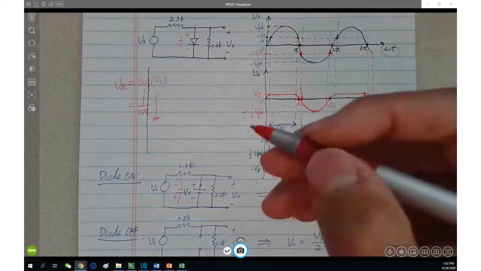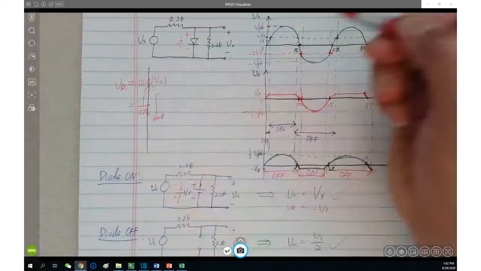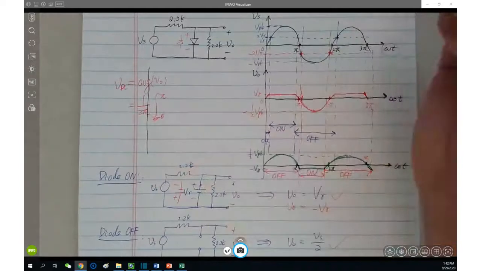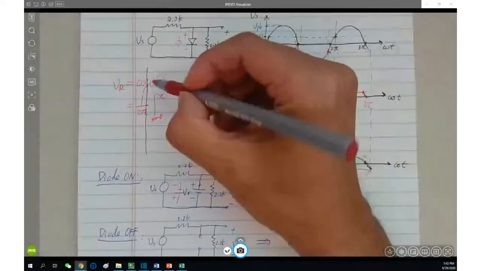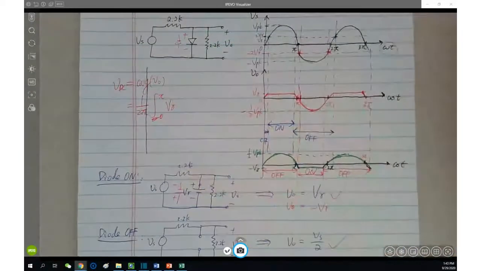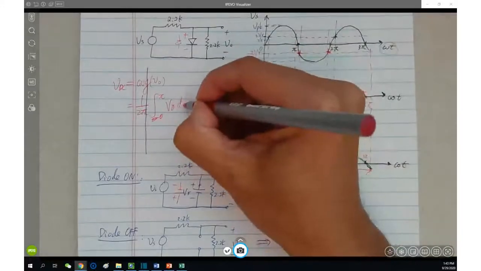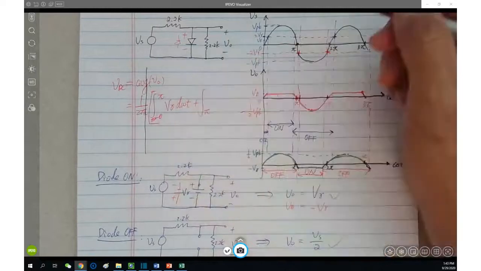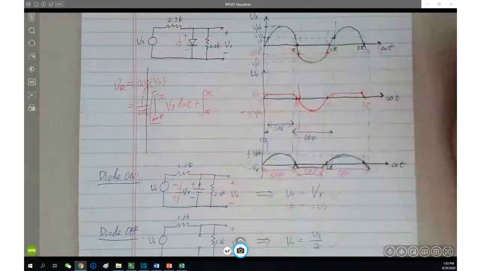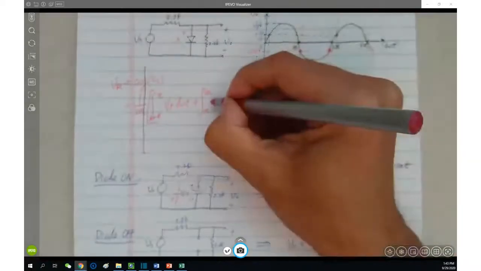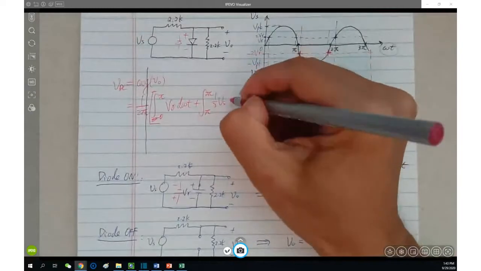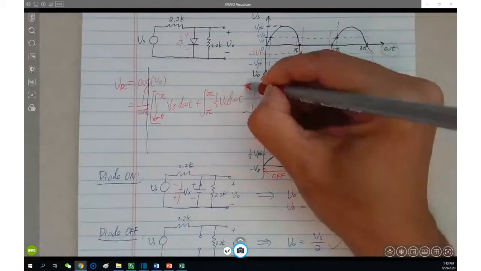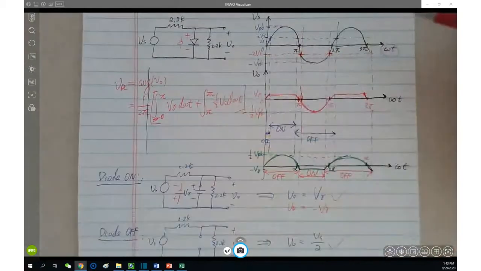So we can roughly do this from 0 to pi, which is basically V gamma, right? Does it make sense? From pi to 2 pi, what do we have? Half Vs, d omega t. So this is the VDC out of this.